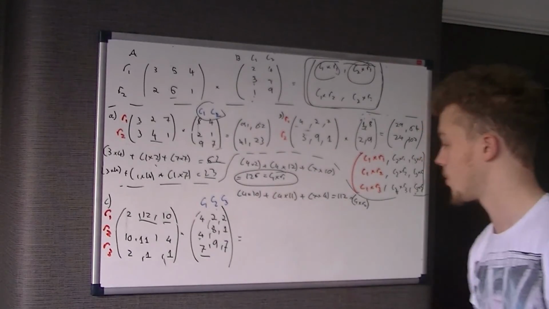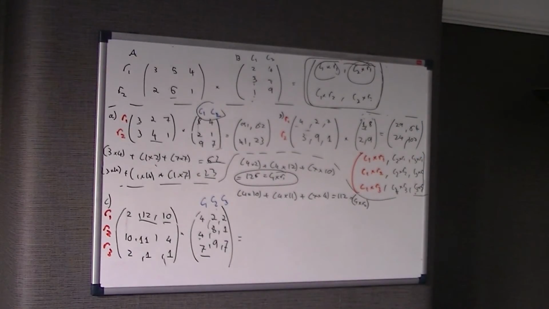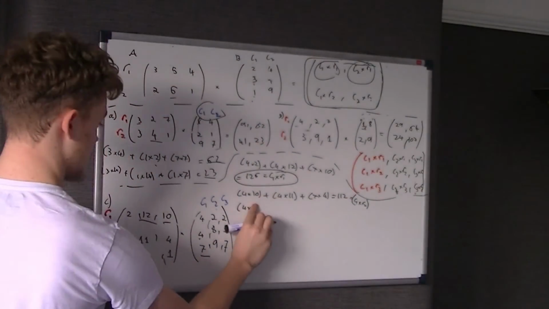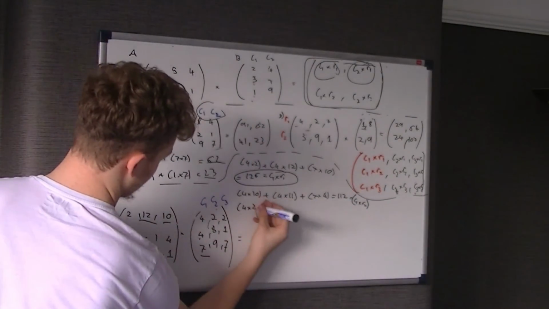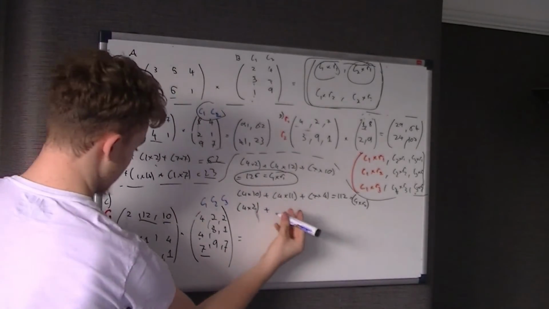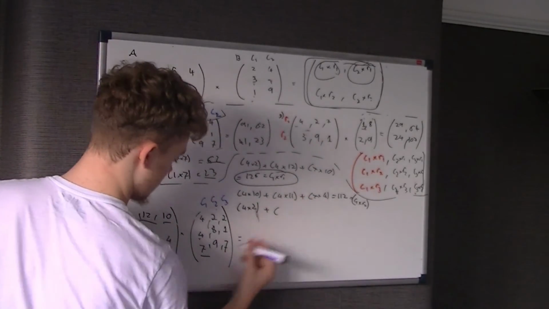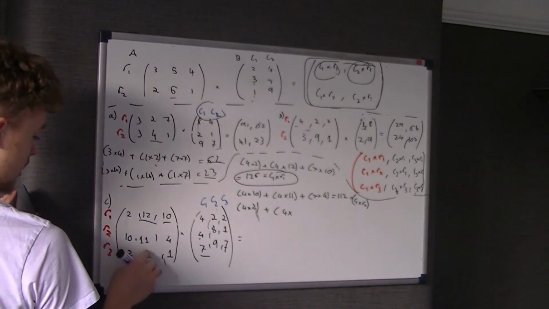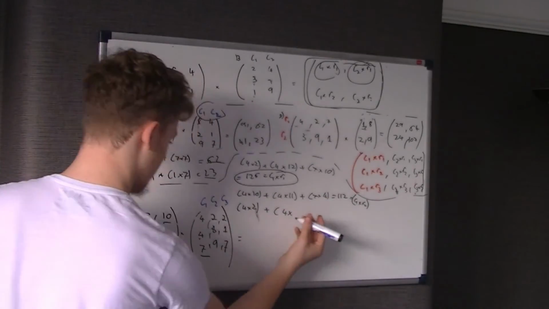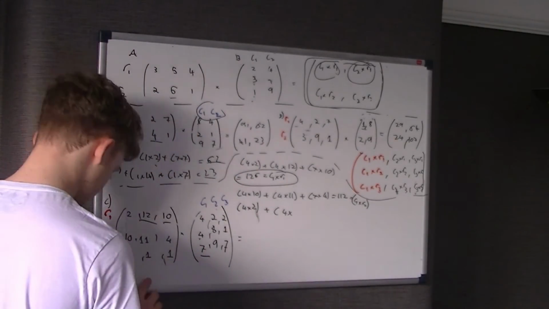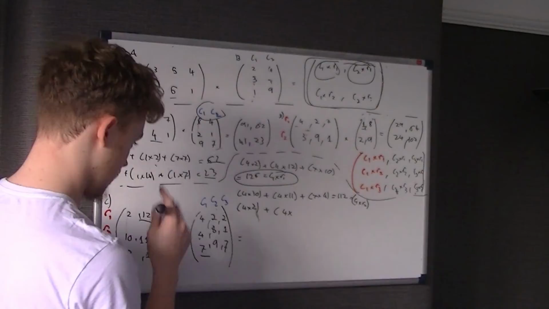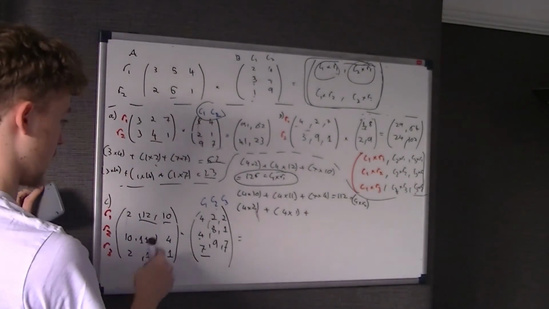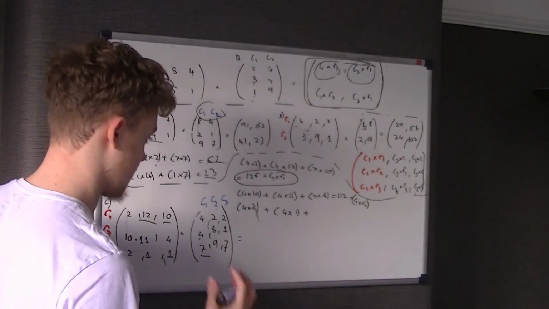Next we're going to do column 1 times row 3. So it's going to be 4 times 2, the first one in row 3, and then the second one in row 3, I do apologise, 4 times 1, plus 7 times 1, because we're doing column 1 times row 3.